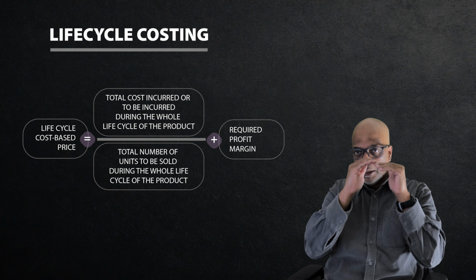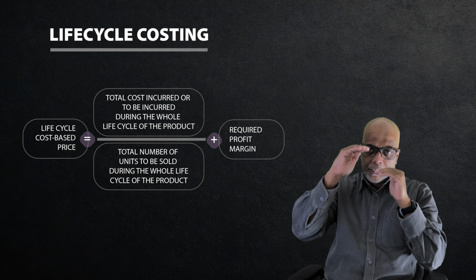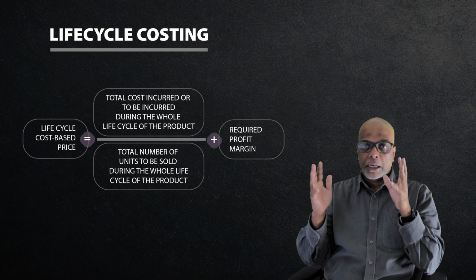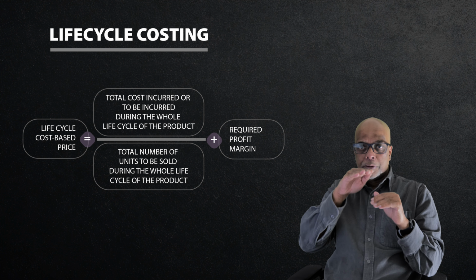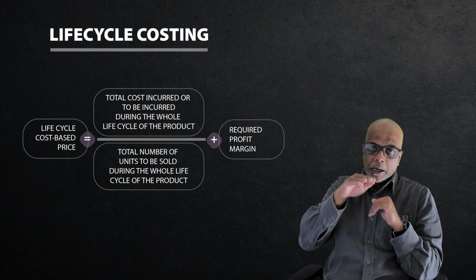So initially we can set a little bit lower price than that average price, and then we can increase it and then we can drop it. That doesn't matter. Depending upon the market situation, we can fluctuate the price.